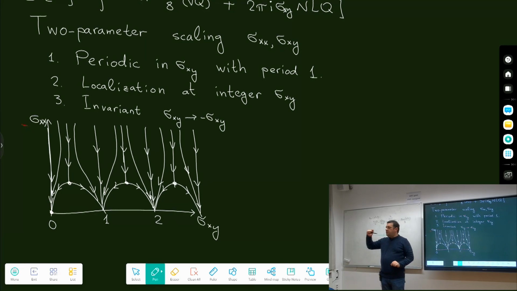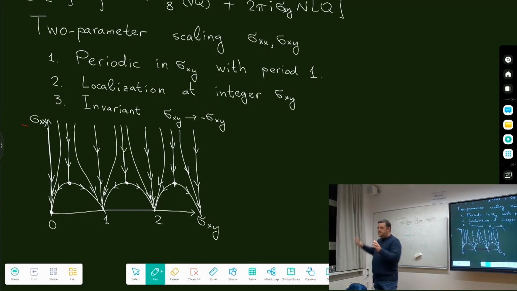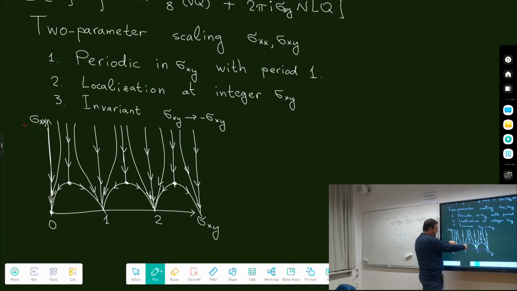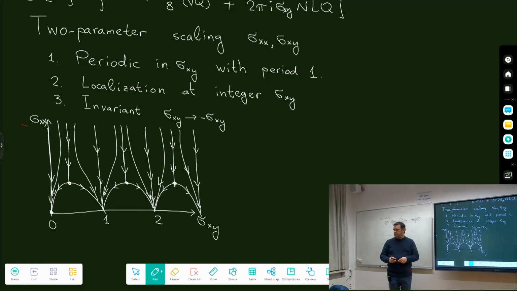But there is also a correction to sigma xy, which is periodic. The beta function has some cosine of sigma xy inside, and it's such that these flows are diverted towards these integer values. It doesn't just flow vertically, it is diverted towards the nearest integer value.